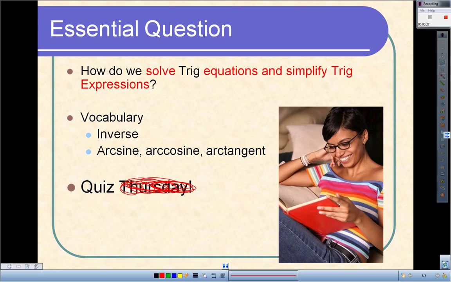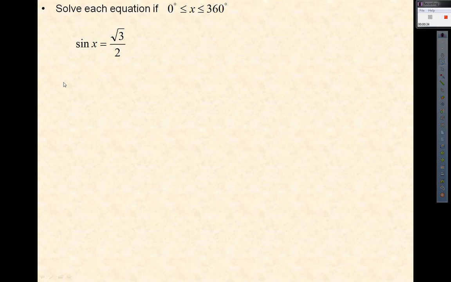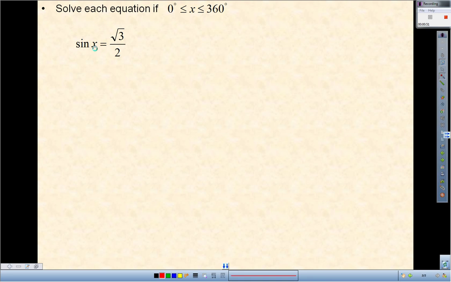Alright, let's just jump right into it, and let's look at an equation that I will ask you to solve. It says, solve each equation, and I want the angle, or the answer, or answers, there should be more than one, to be between 0 and 360 degrees. So basically, this equation says sine of x is equal to the square root of 3 over 2.